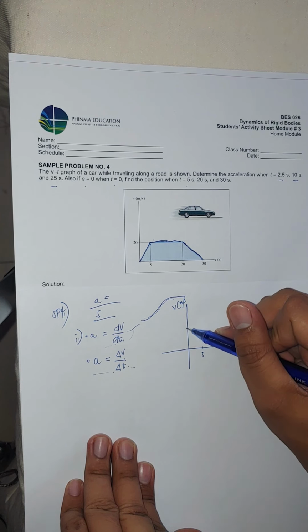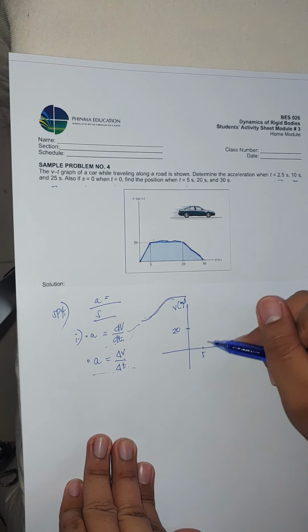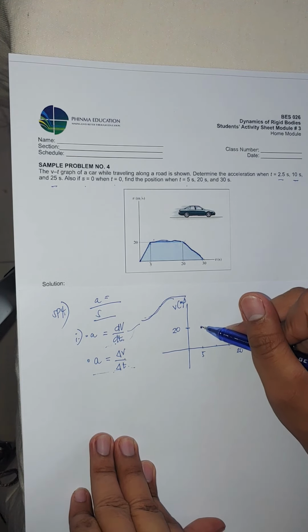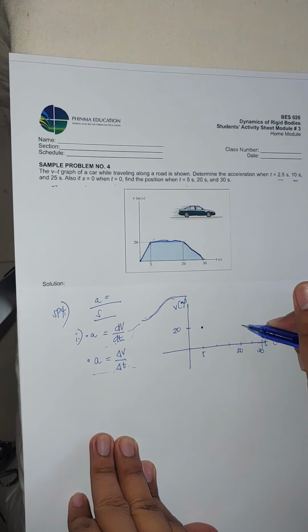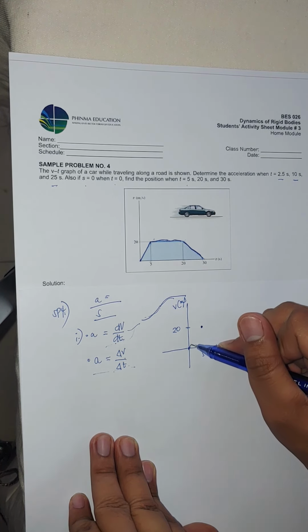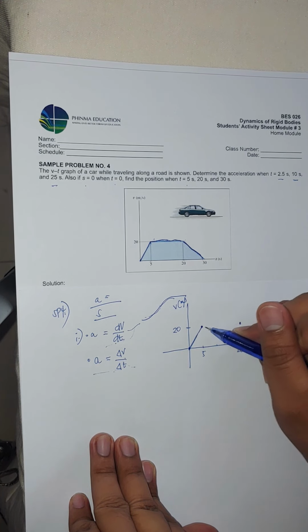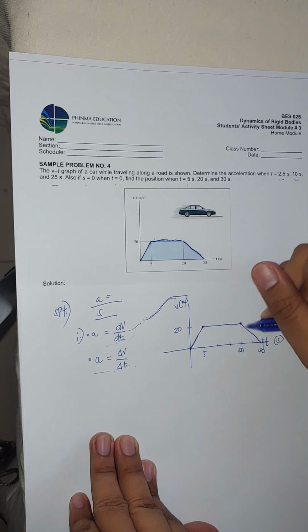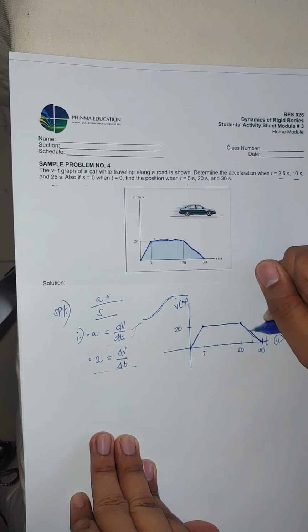So the velocity is 20 meters per second. From 0 to 5 seconds, the velocity goes up to 20. Then it is constant until 20 seconds, and then it slowly decreases until 0. So connecting the points, we got this. Okay.